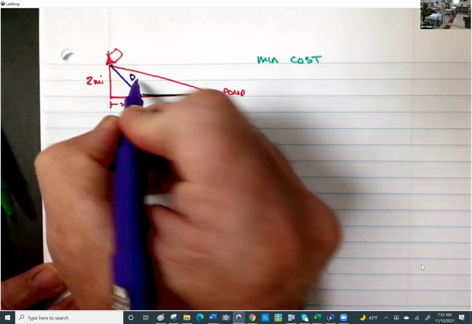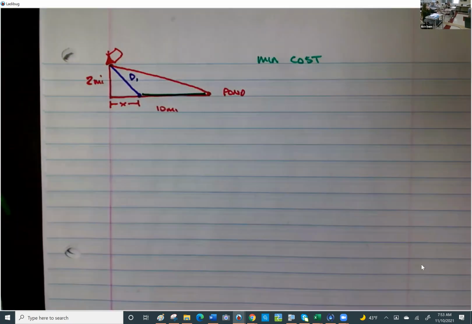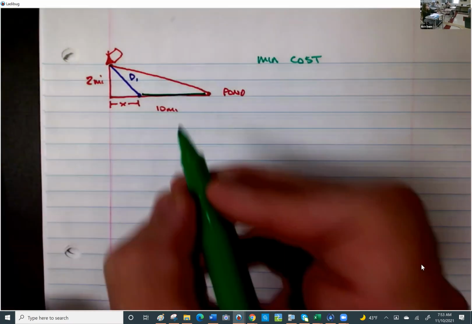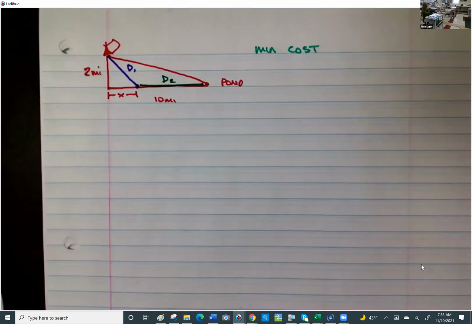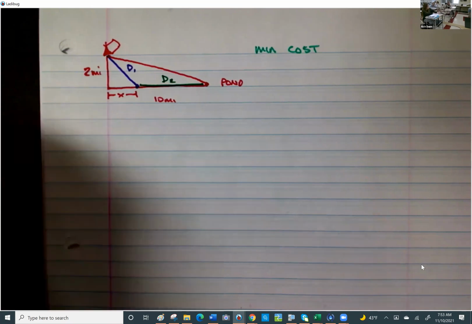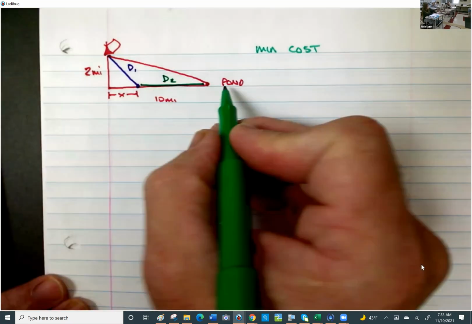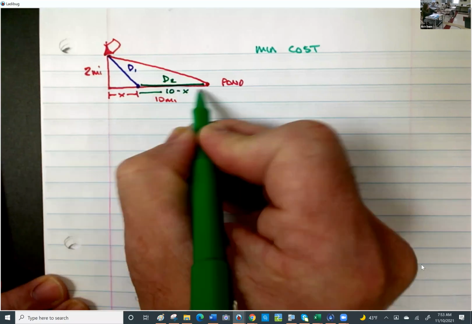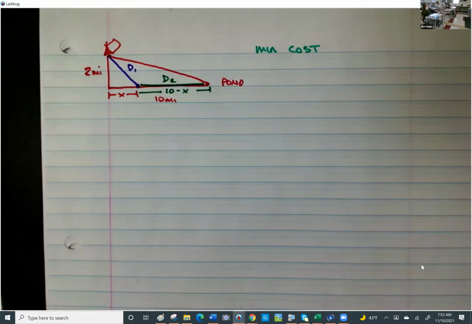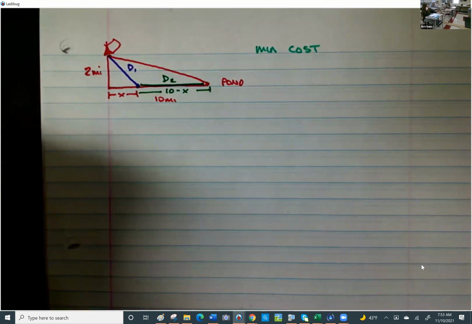We have a distance that we would go through the woods, and we have a distance that we would travel along the road. Since that's 10 miles, this distance here would be 10 minus X. Or wait a second here, isn't this the exact same problem we had before? Yeah. As a matter of fact, shouldn't we maybe even get the exact same answer?